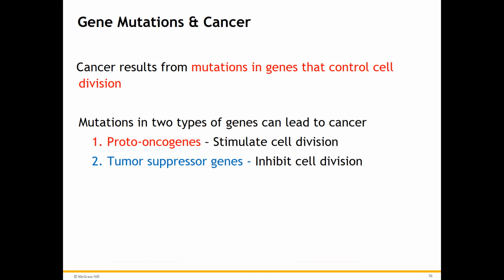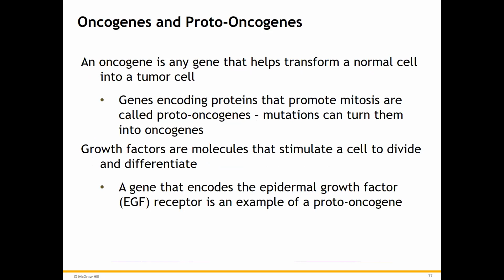So when cells need to experience cell division, a proto-oncogene is stimulated and goes into action. The tumor suppressor genes do exactly what you think. They suppress the tumor by inhibiting cell division. We all have tumor suppressor genes because we don't want any of our cells to get crazy and start replicating uncontrollably. We don't want that cell division.